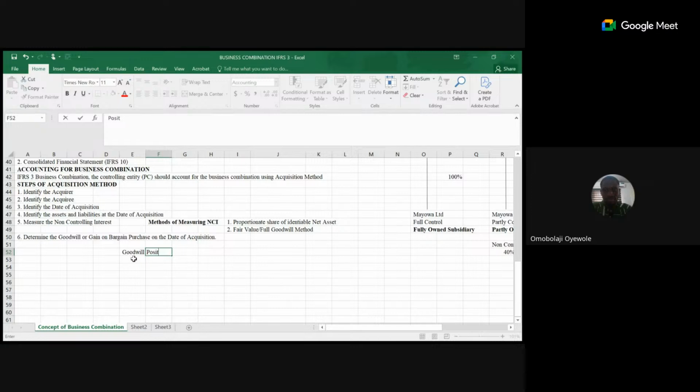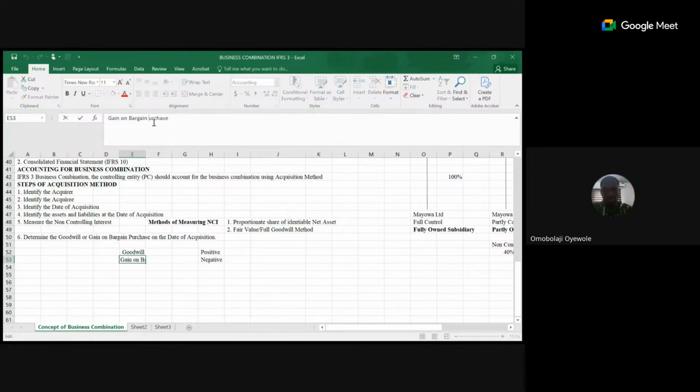The difference is positive, that's goodwill. Then if the difference is negative, that's gain on bargain purchase. So this is positive, and this is negative. Let me recap on the concept of goodwill and gain on bargain purchase again.